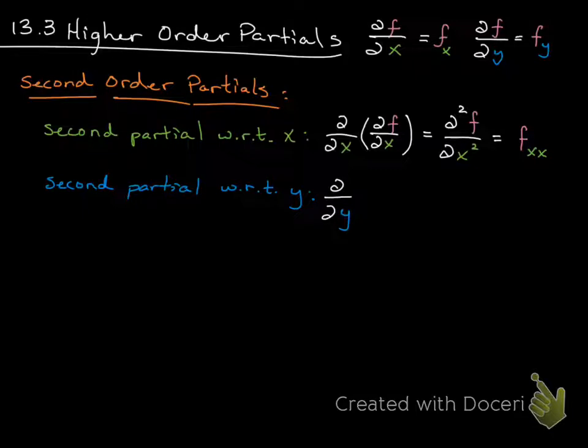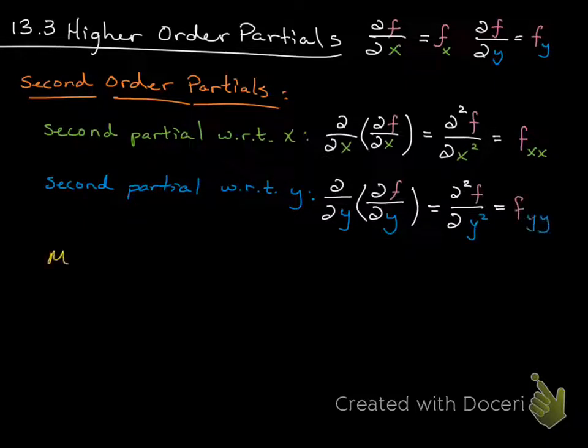Second partial with respect to y. So that takes a partial with respect to y of the first partial with respect to y. Partial f, partial y. Okay, so this second partial is two partials in a row with respect to y. Then I write that as partial squared f, partial y squared, or f subscript yy.